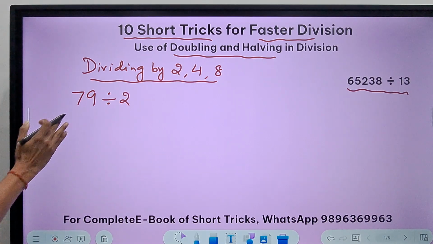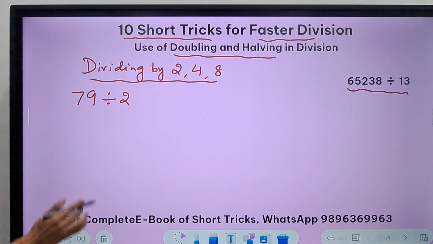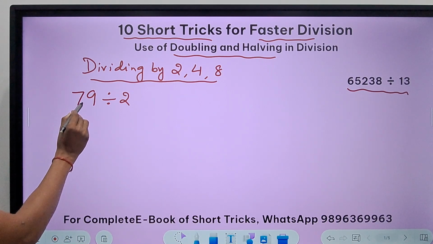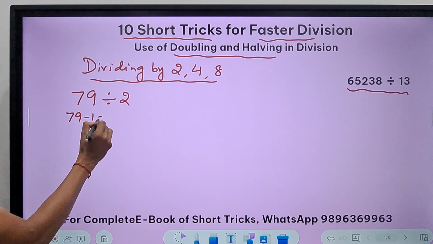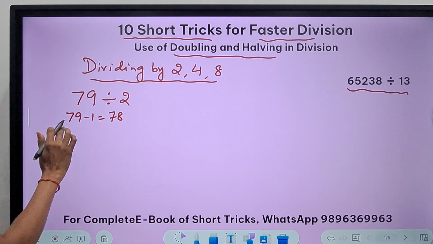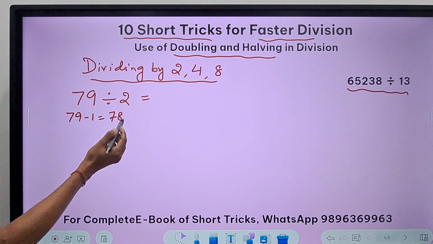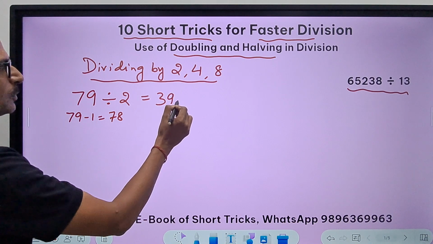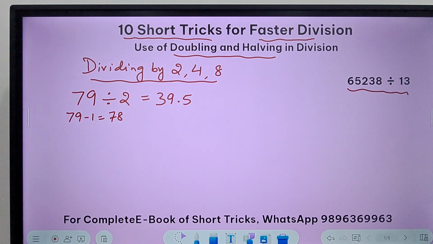Whenever you have an odd number and you want to divide it by 2, you don't have to think about the decimals. Just take one less than this. In the mind, just think 78, not 79. Half of 78 is easier because it is an even number. That's 39, right? Just put 0.5, and you will have your answer for division by 2.